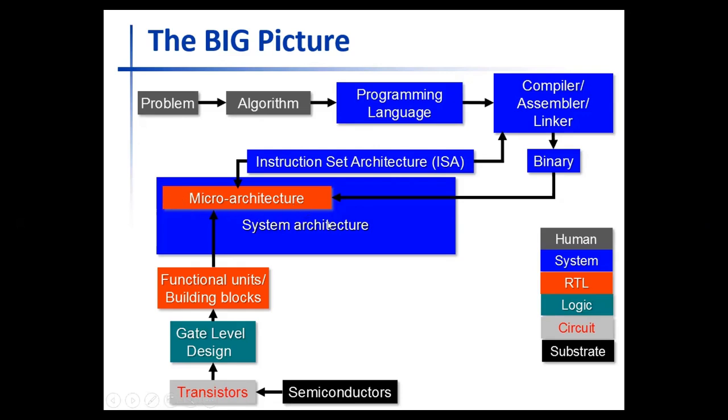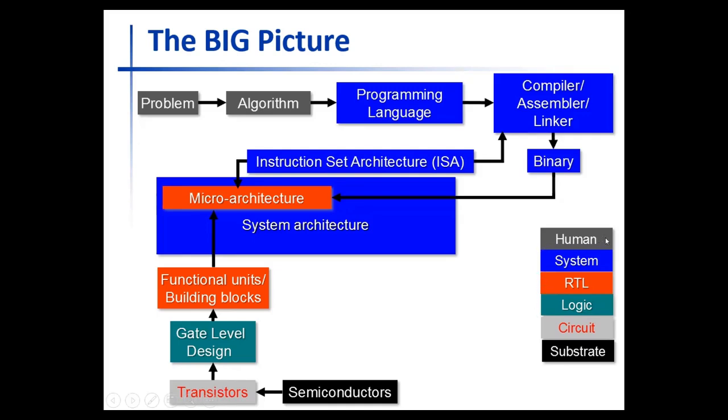The microarchitecture itself is composed of these other things down here: functional units, gate level stuff, and then down to transistors and semiconductors, right? This color scheme is described here at the bottom right corner.